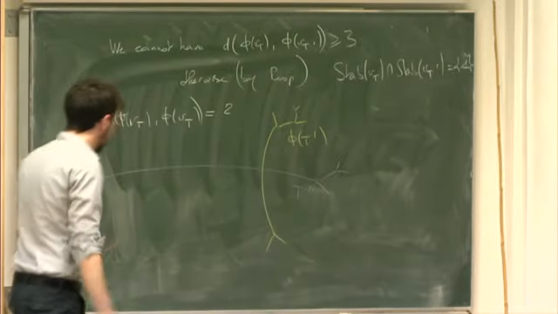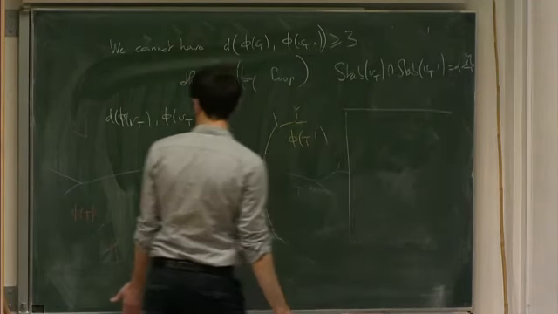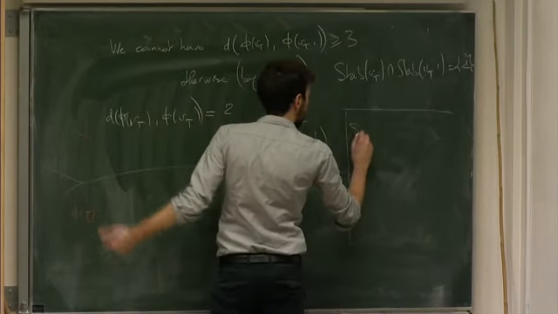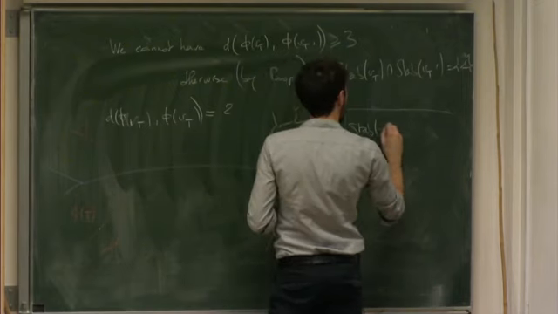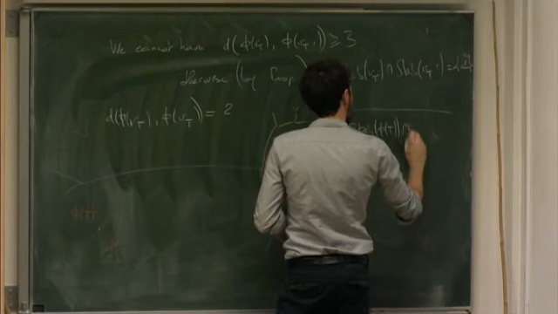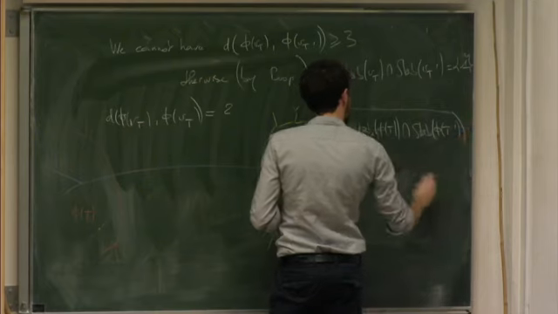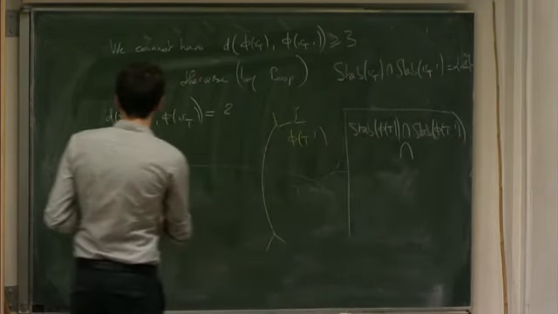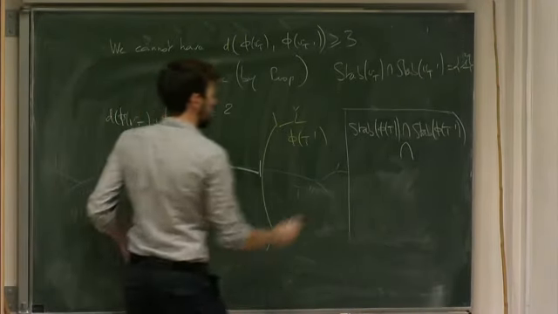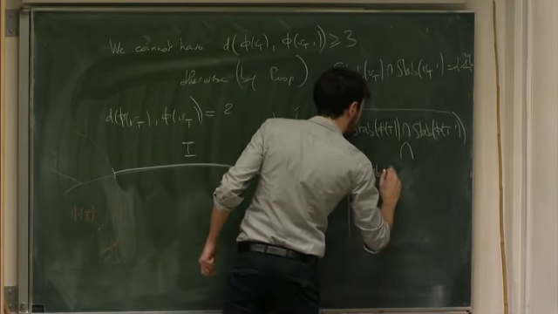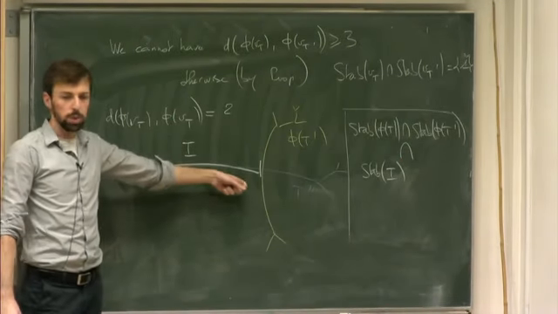So one can show, using the combinatorial geometry of small cancellation complexes, that the stabilizer of the red tree phi of T and the yellow tree phi of T prime has to be contained in the stabilizer of that purple path between them.